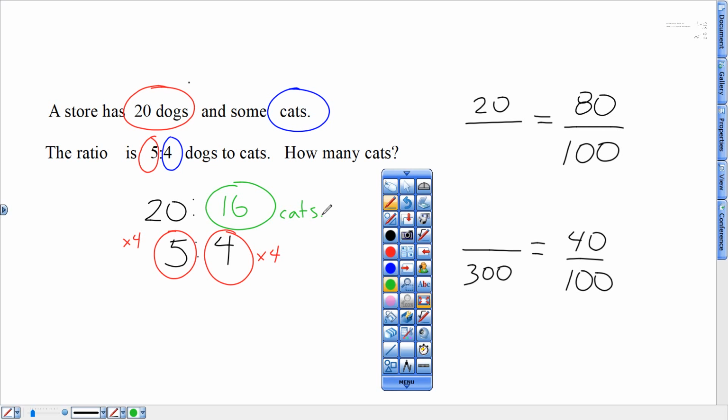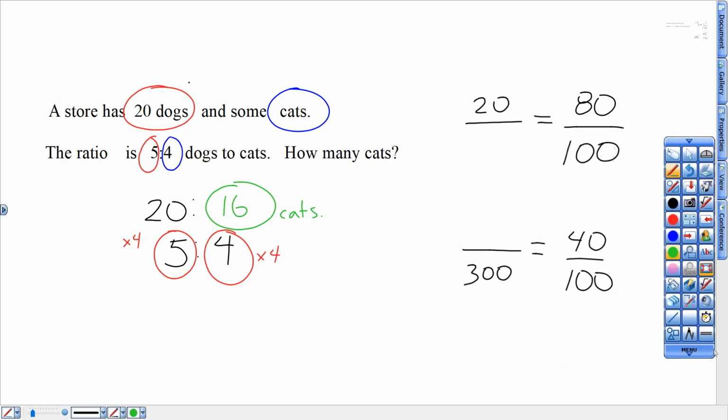If I have problems with just fractions, you do the same. You look at the two numbers that I give you and try to figure out what you're timesing or dividing. For this one, since I don't really know what I'm timesing this by, it wouldn't help me to know that I'm timesing 20 by 4, because I don't know what other number I'm timesing by 4. So for a problem like this, don't look at it in terms of timesing.